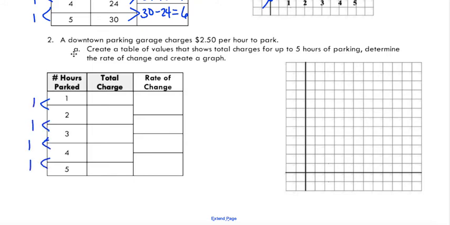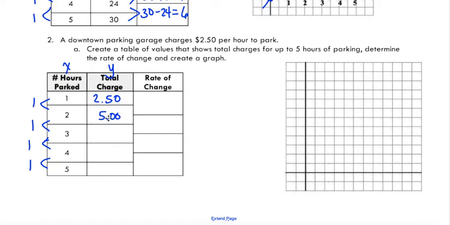Which is what I want. So this is my X column, and I'm going to calculate my Y column, my total charges. If I park for 1 hour, I'm going to be charged $2.50. If I park for 2 hours, I'm going to be charged $2.50 times 2, which gives me $5.